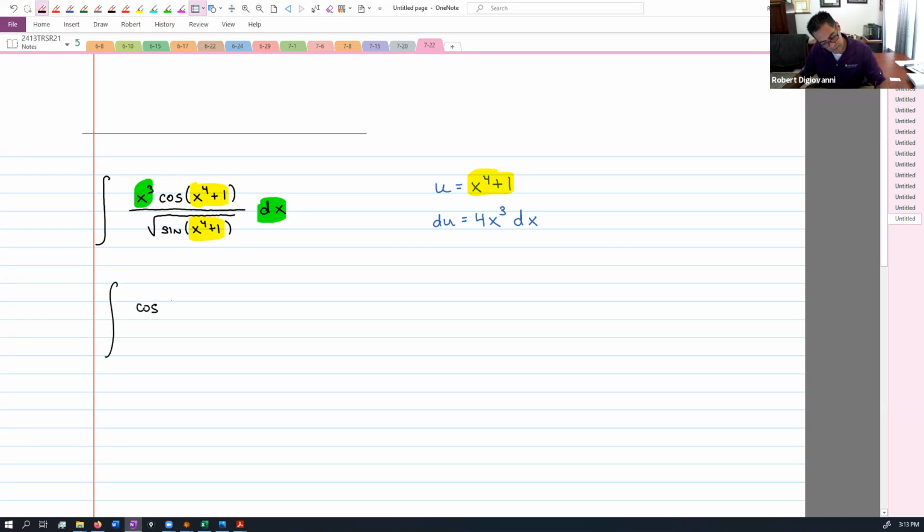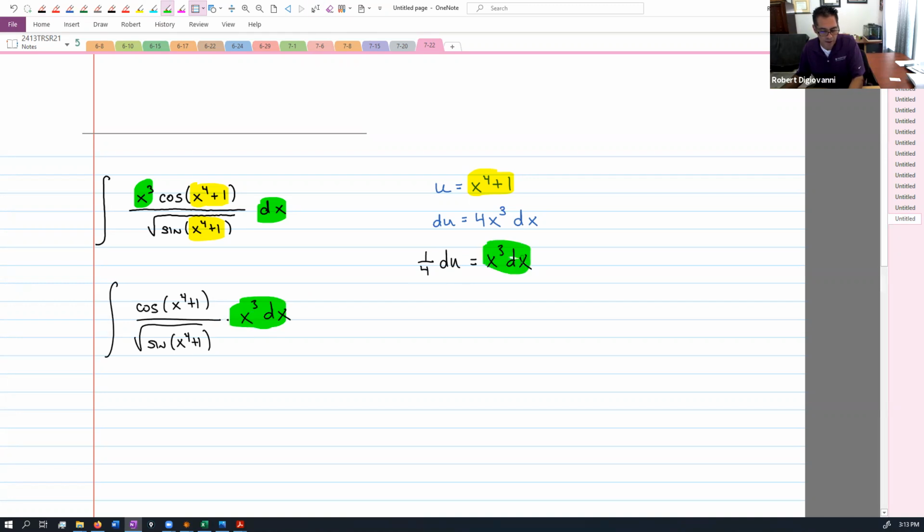I have cosine of x to the 4th plus 1 over square root of sine of x to the 4th plus 1, and then times x cubed dx. I almost have x cubed dx. I'm still going to have to divide both sides by 4 here. But now I have a perfect match.